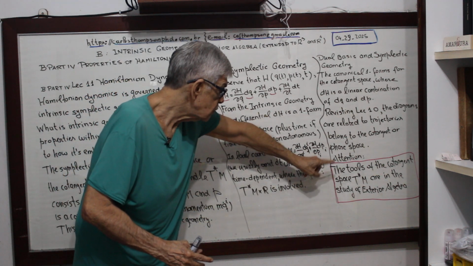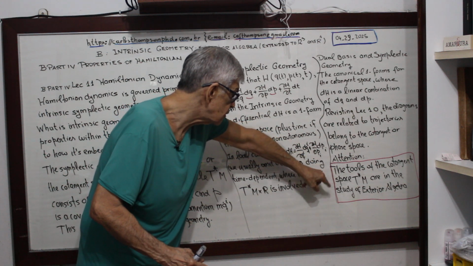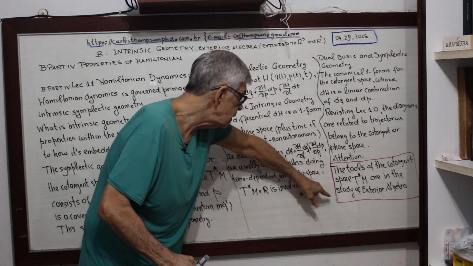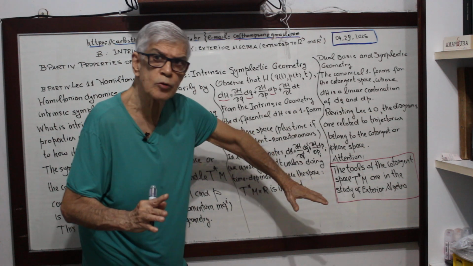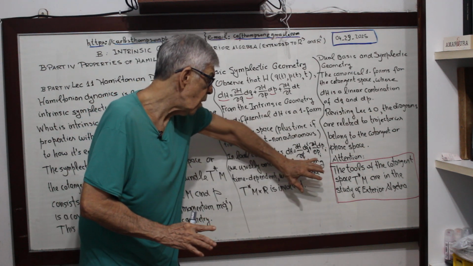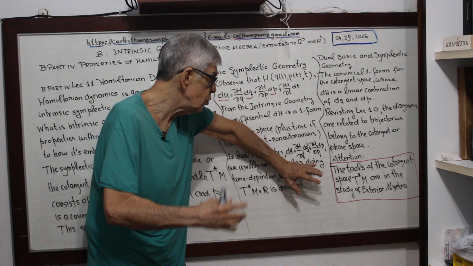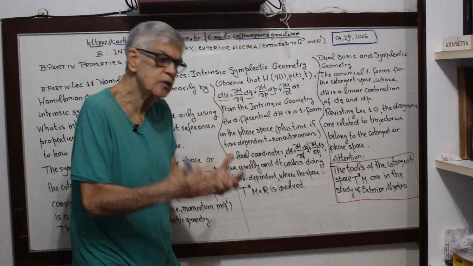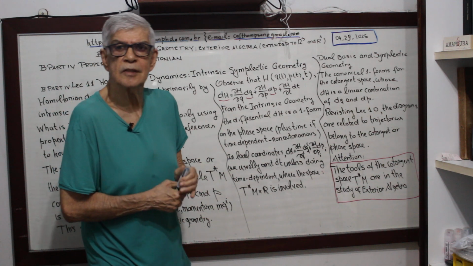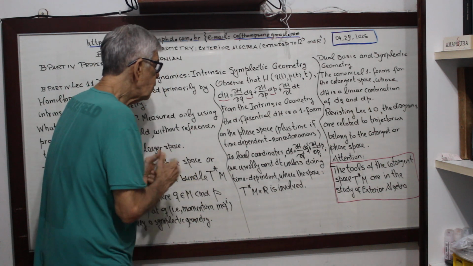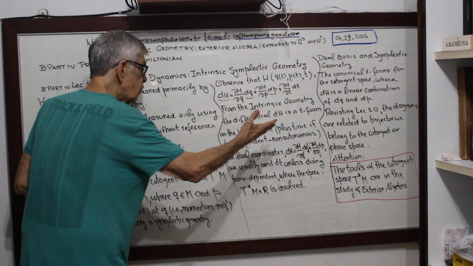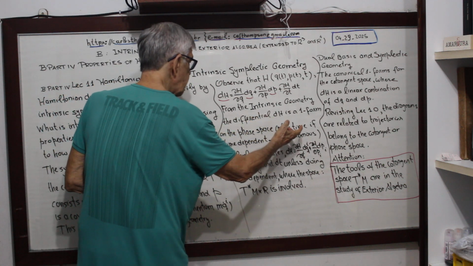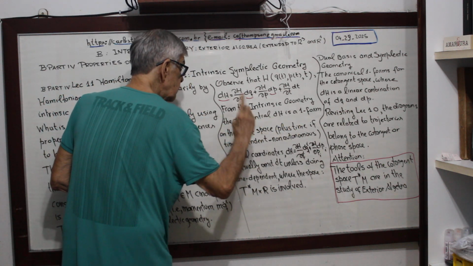So the tools of the cotangent space are in the study of exterior algebra. Then I will show you the exterior algebra, which treats the tools of the intrinsic geometry. Now, dH is a one-form on the phase space.